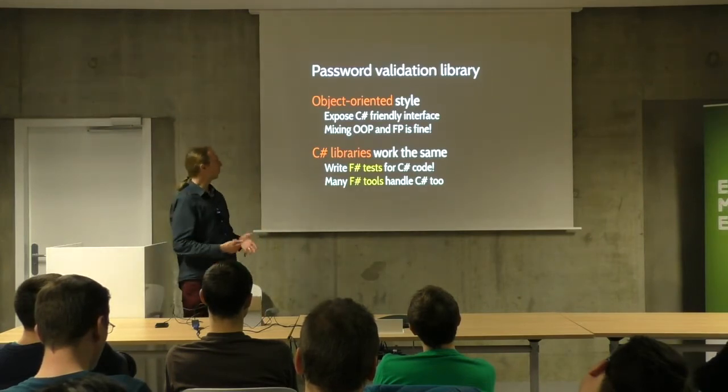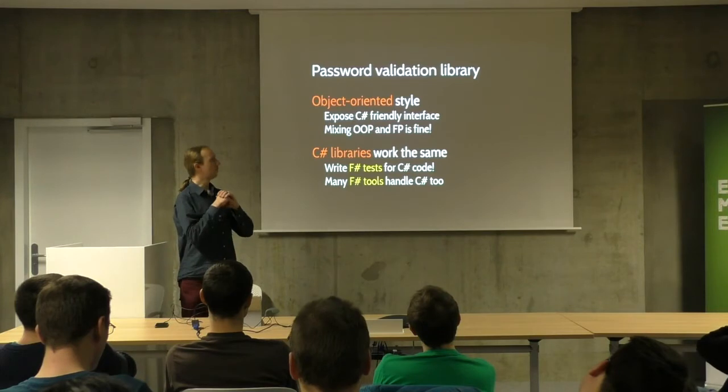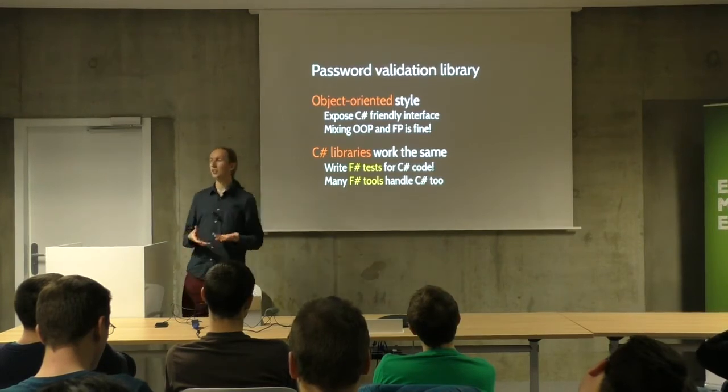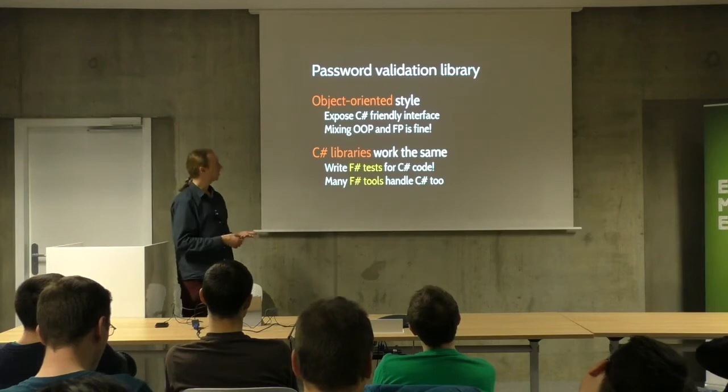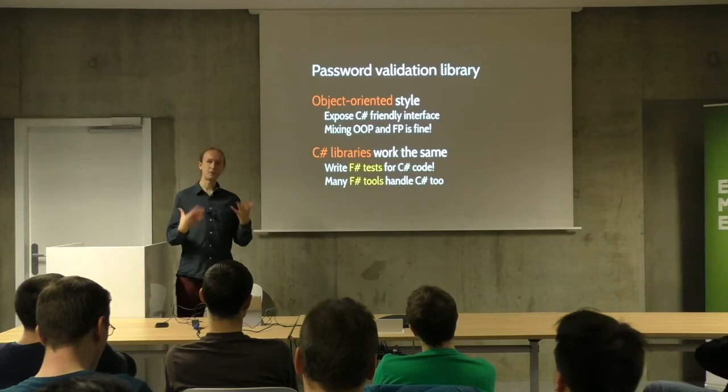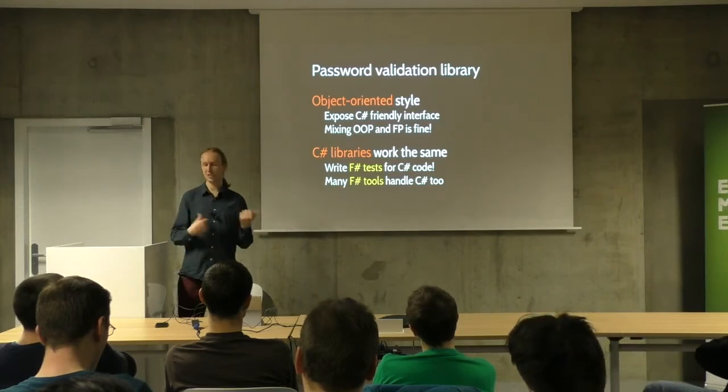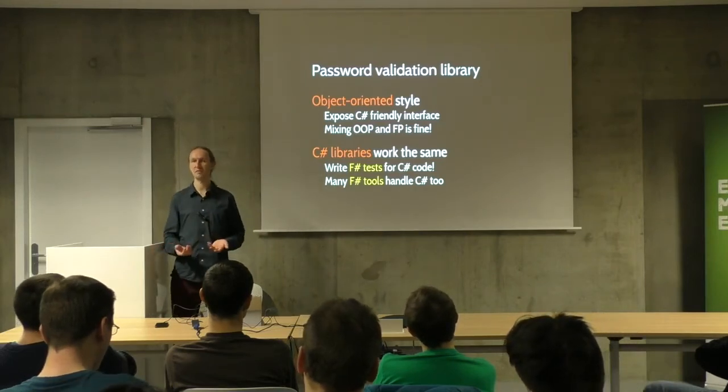So two important things here. When you're doing F#, you can actually write fairly clean object-oriented code, and you can write F# libraries that expose a nice C#-friendly public interface.